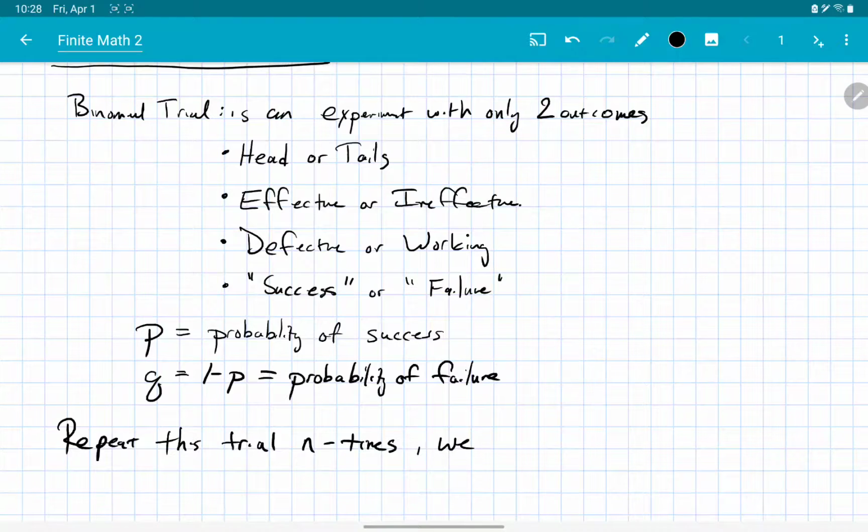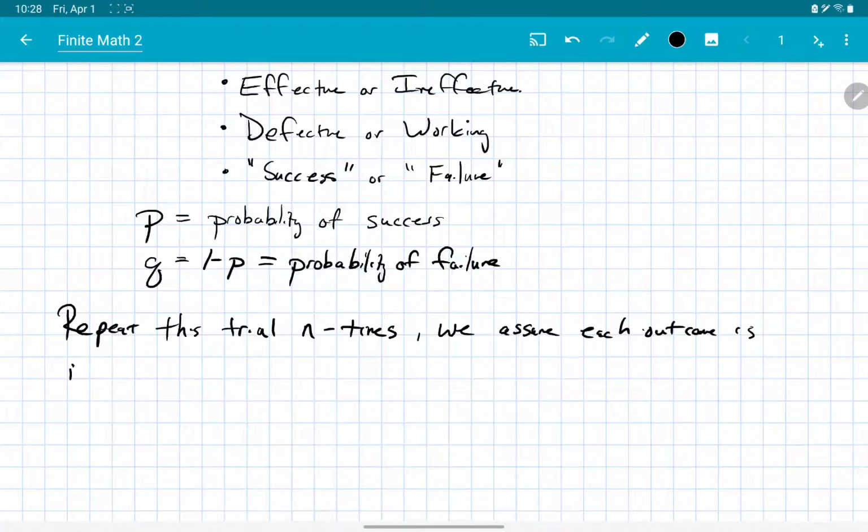And we assume each outcome is independent of all others. So, like flipping a coin 5 times, what we got on the first 5 times shouldn't have any bearing on the 6th time, if the coin is fair, right?